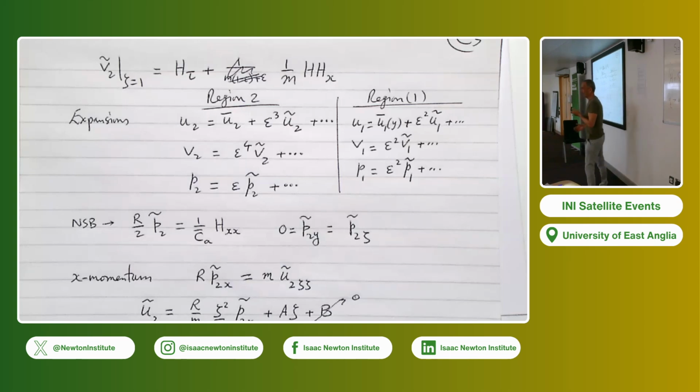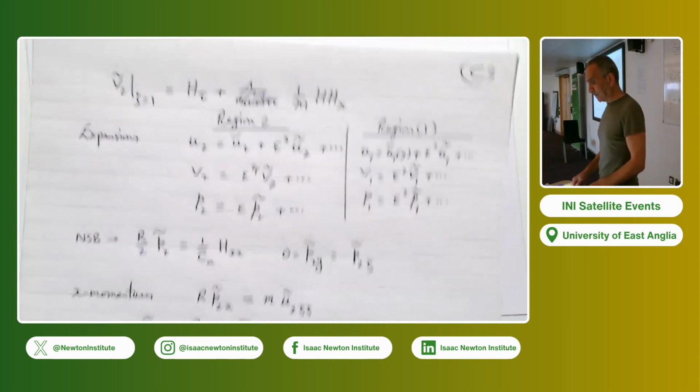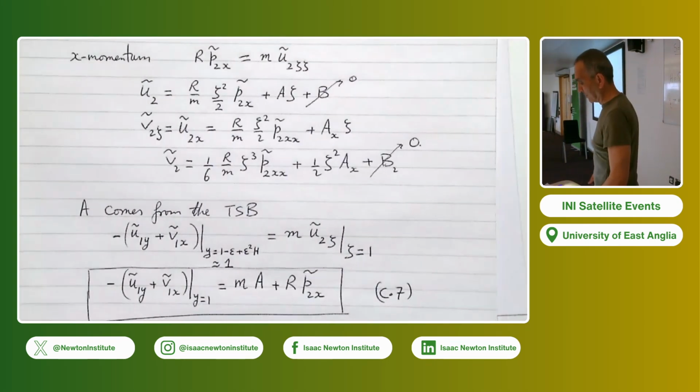It's honest at this point to just use everything in epsilon. So that's region 2. That's region 1. So we can see that region 2 has a one order higher perturbation velocity.